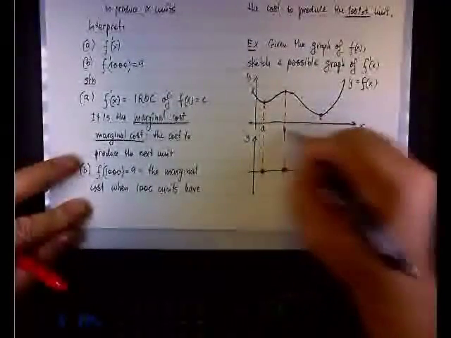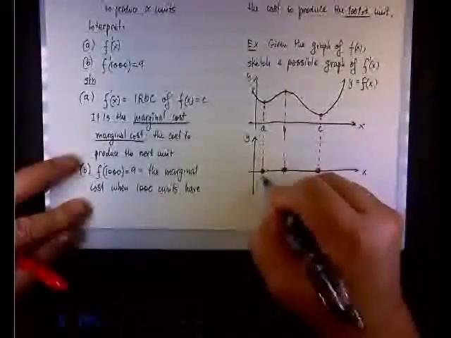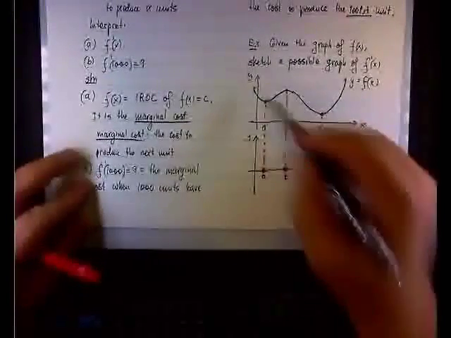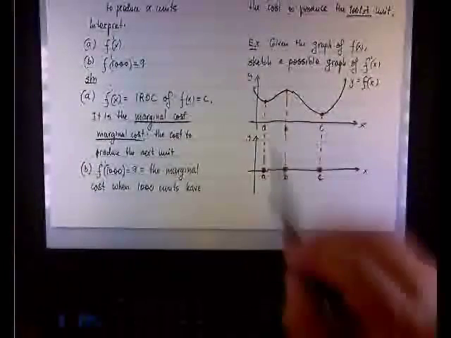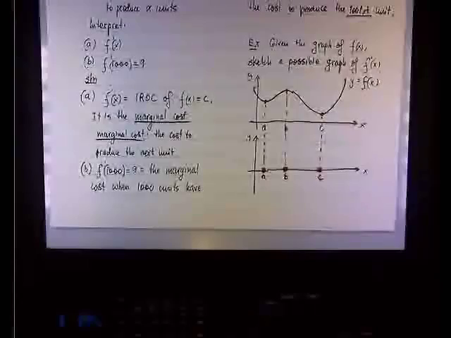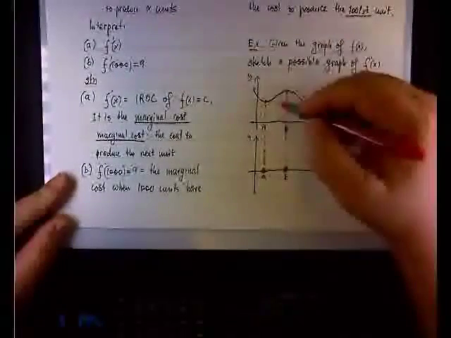I'll call it A, B, C. So at x equals A, B, C, the derivative will be 0. Now, I'm looking between, left of point A, x equals A. What happened to the function? Is it increasing or decreasing? Well, obviously, it's decreasing, right?